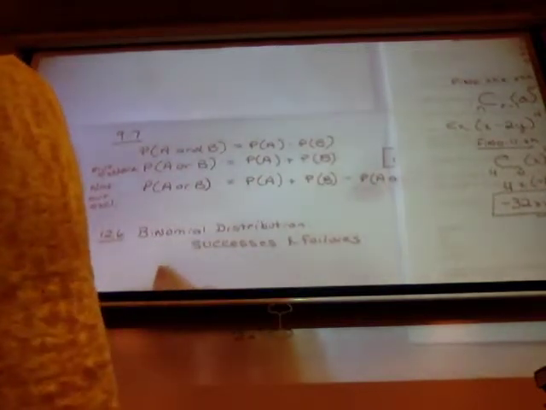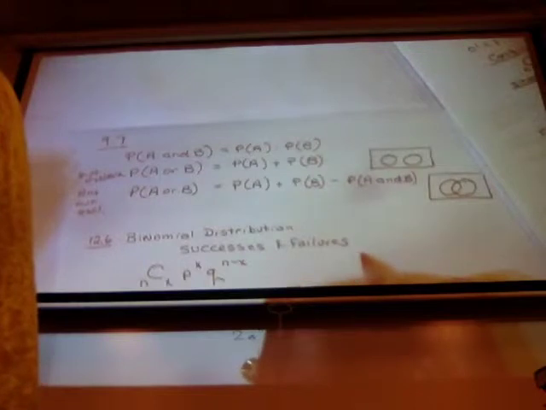How many successes out of how many tries you have? How many wins out of how many games? And what it is is the combination of n, x, times p, where p are the successes, to the x, and my failures are q to the n minus x.